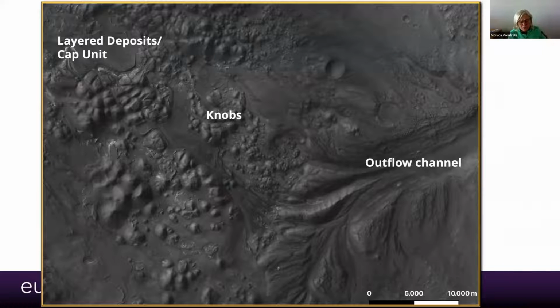So, same process, different landforms, which explains why all of you, I guess, mapped these as different units. Some of you mapped also the knobs in different ways depending on their shape and on their density. And this is interesting because here there is something else which comes out.